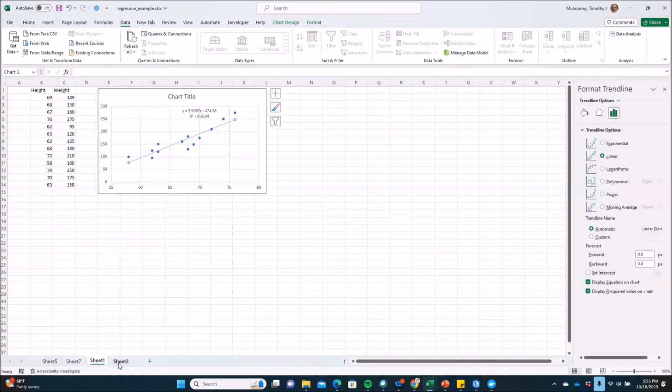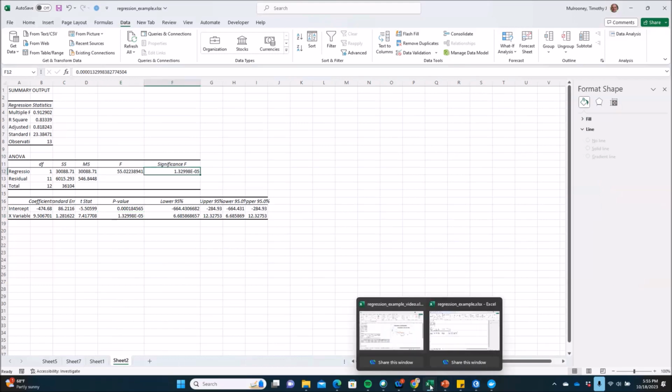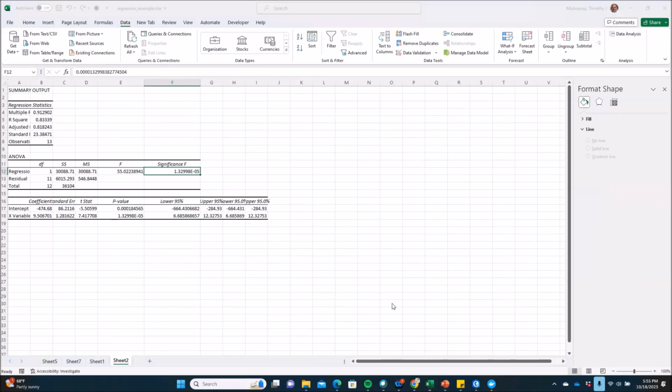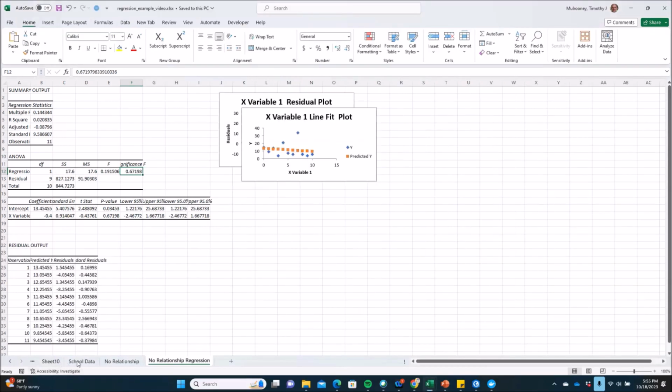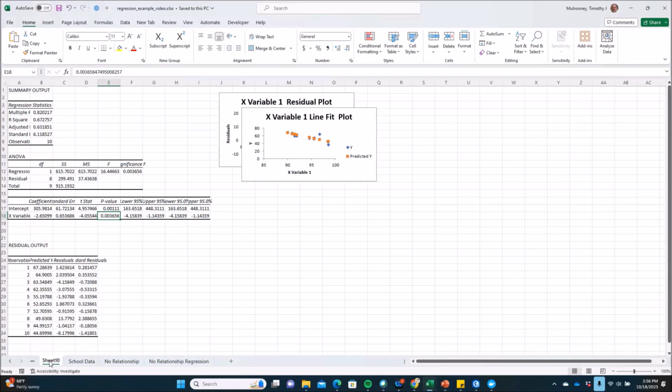Okay? And then when I run and interpret it, this is what we look at, our significance right there. I'll show you another example and I'll kind of keep talking right here. But this is some of the school data that we were looking at. So this is the school data with the attendance versus the non-passing rates. And if I have it right here, you can see my significance right here is 0.0036.